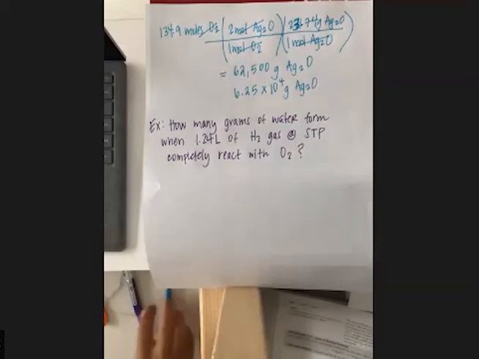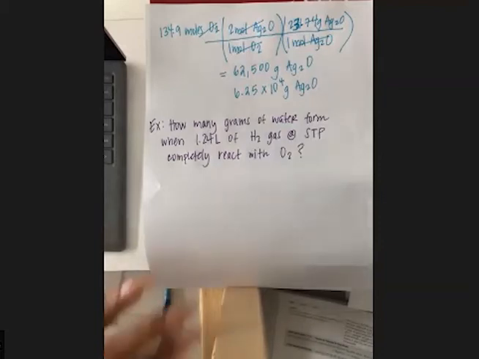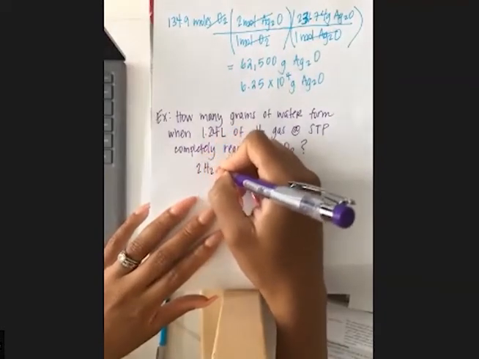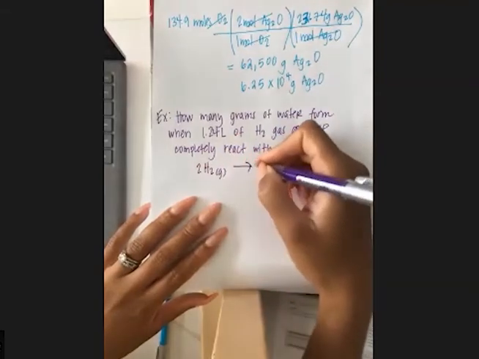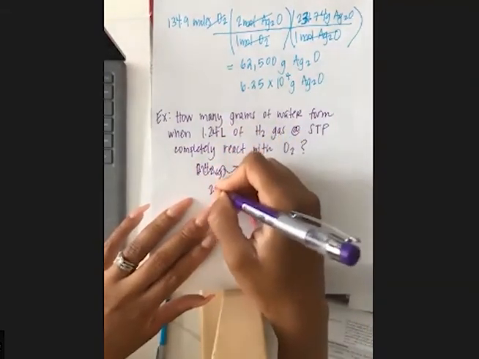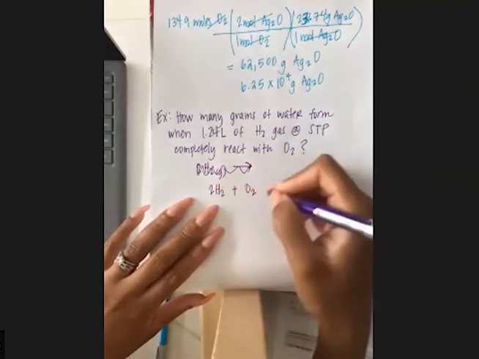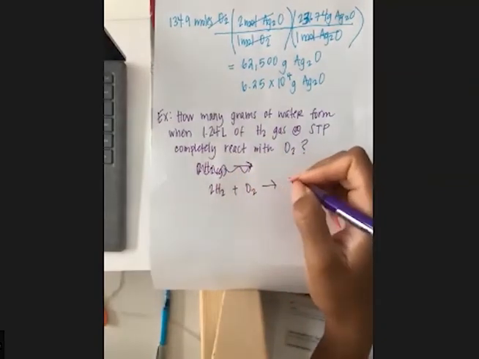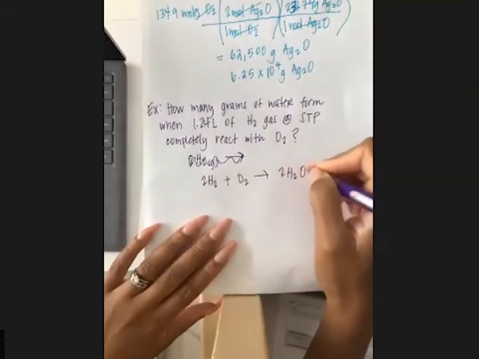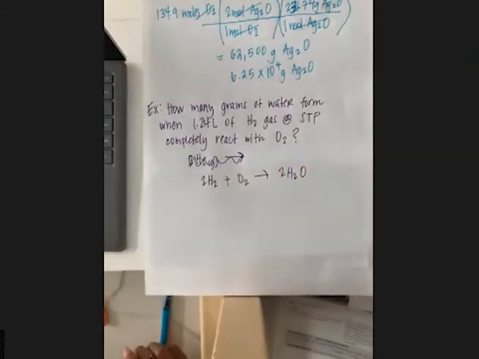All right, and let me give you the reaction. The reaction in this case is, if I have hydrogen gas plus oxygen gas, it reacts to form water vapors, like this. This is my equation.